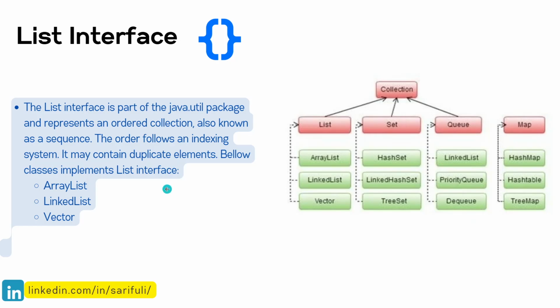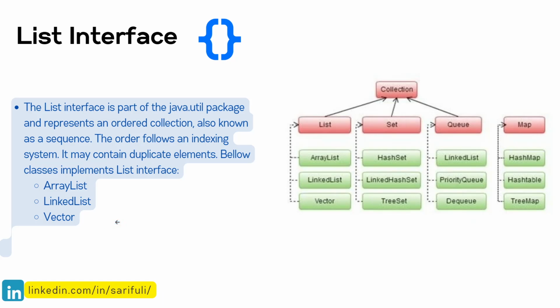The interface is part of the Java OOP principles, where the methods of that interface don't have a body. That's why you need an implementing class, which can implement the body of the methods that belong to the list interface. So here are the implementing classes: ArrayList, LinkedList, Vector.